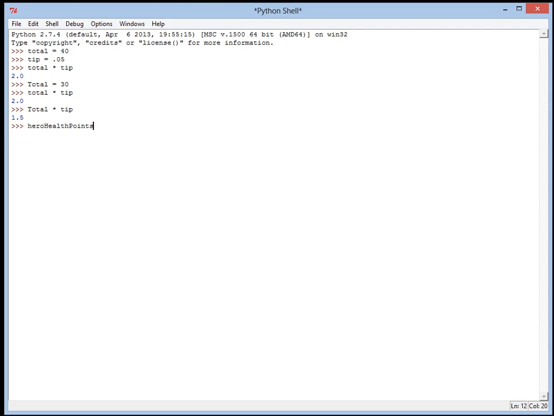Now that's a very descriptive variable, and as you can see, what camel casing means in this case is, you see how the first H for hero is lowercase, and then the next word that would start, being health, is another H, which is uppercase, and then the next word being points, the P being uppercase.